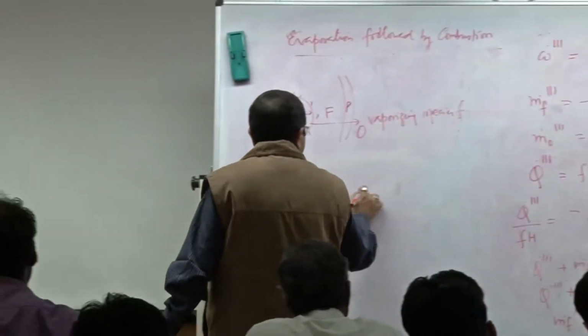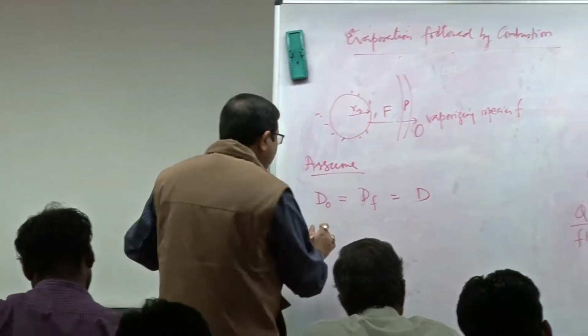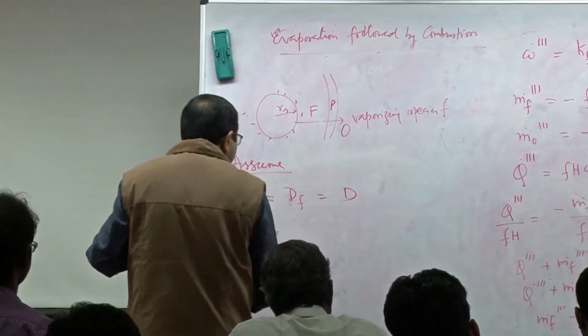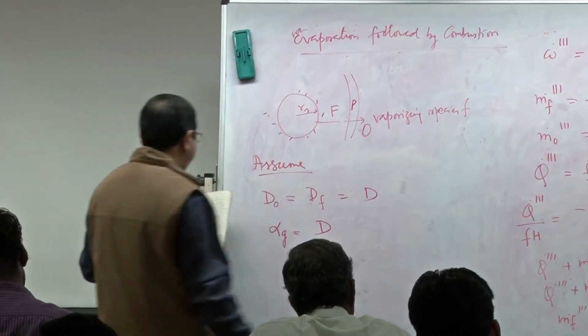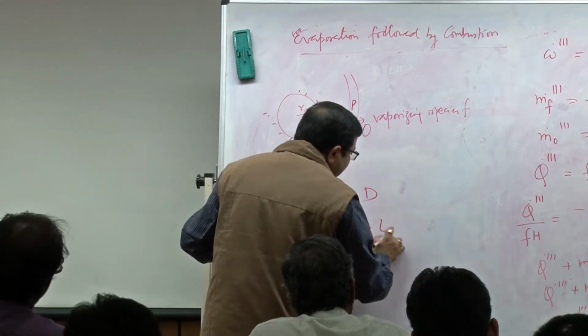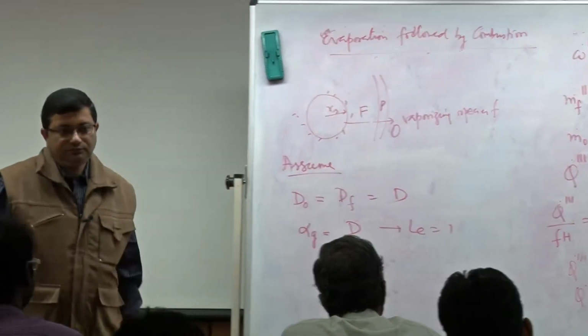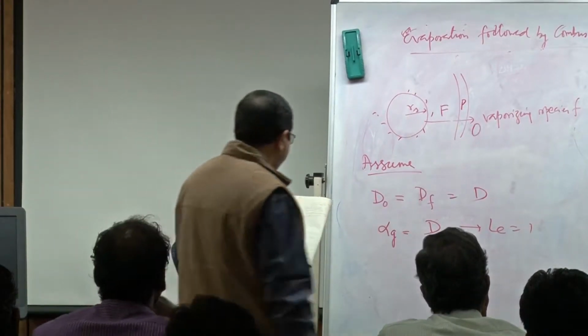This assumption may not be valid there, but for most practical hydrocarbons this is valid. So, we can say that this is equal to D. Then another assumption we make is that thermal diffusivity is equal to molecular diffusivity, which essentially means Lewis number equal to 1. This we have already assumed for the vaporization case, and we assume the same thing here.